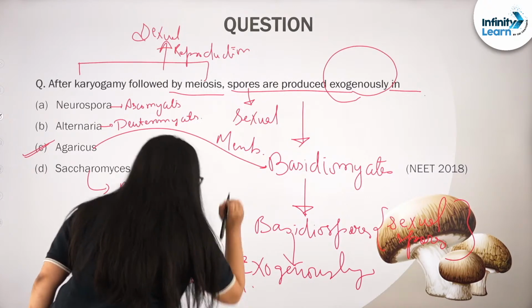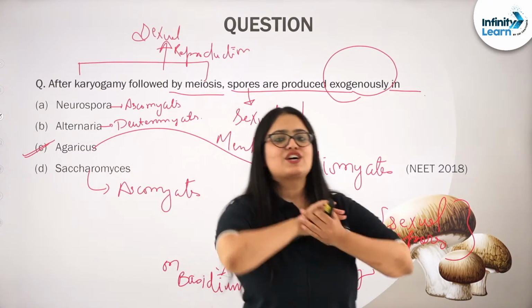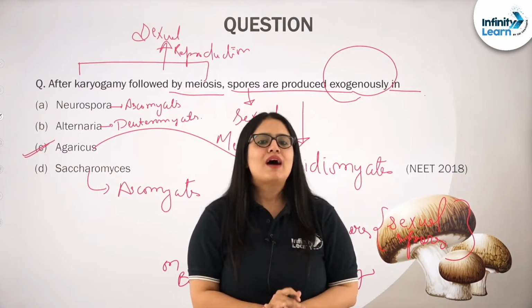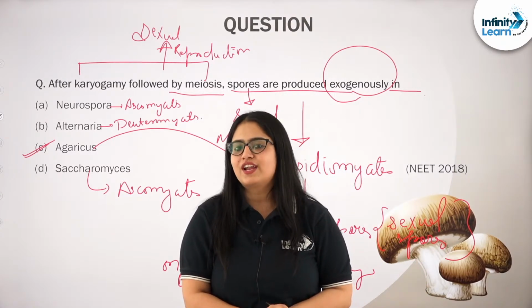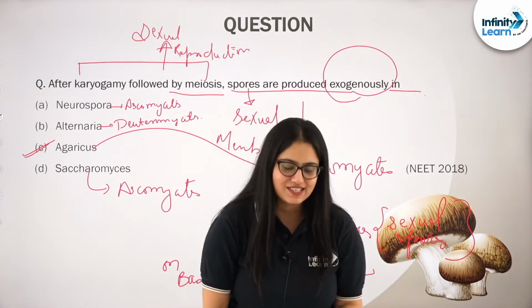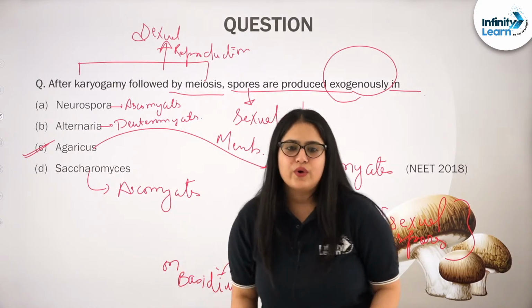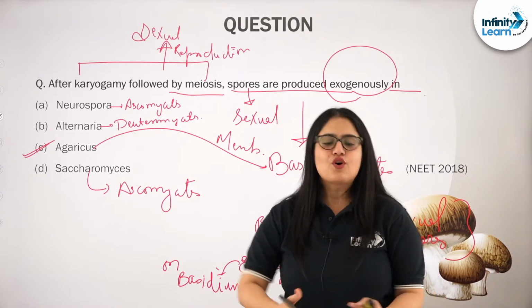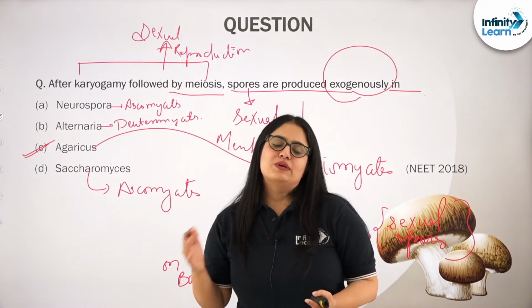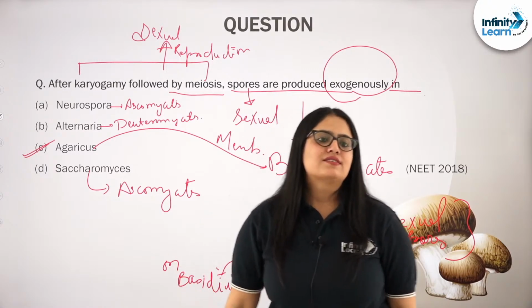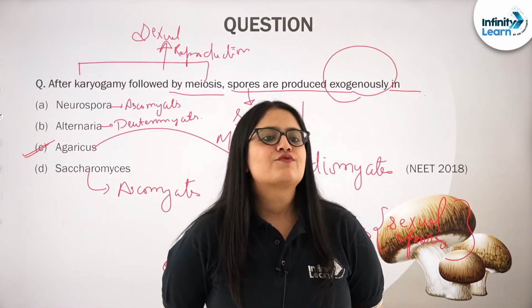Right, my kids? I hope the entire discussion on this question might have helped you in revising the concepts related to Ascomycetes and Basidiomycetes. This is a good question that gives you a brush up on important facts. I hope, students, this one is clear for all of you.